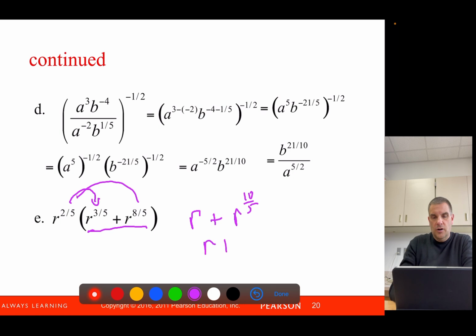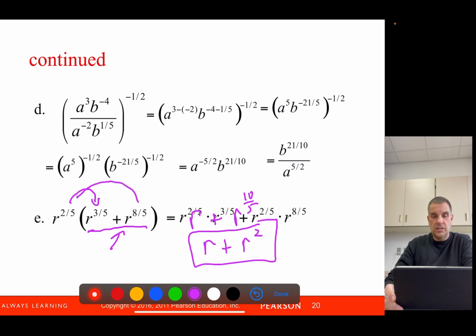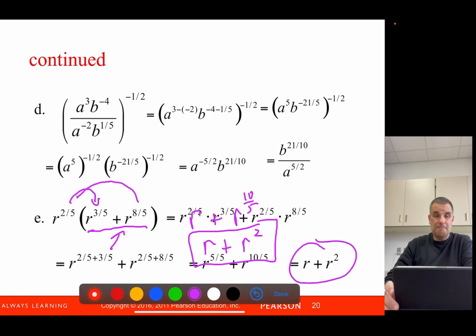So that's r plus r squared, and you can't combine those. They don't have the same exponent. So that's why we couldn't combine them right there, because they didn't have the same exponent. So that's why we have to use the distributive property for that question, because we don't have a rule for adding. So there's the same solution that we got. Okay.